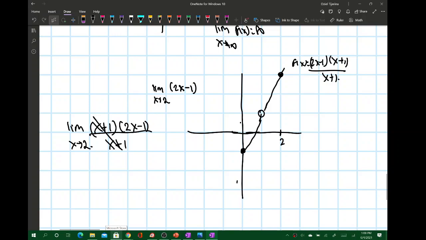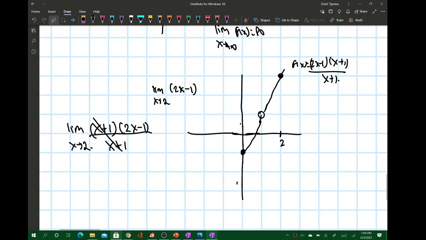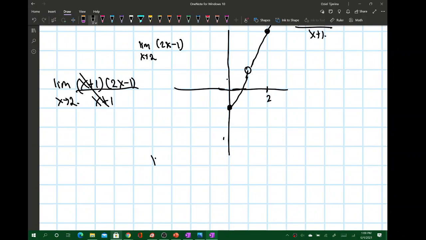And in reality, there is a theorem that says the limit as x approaches c of f of x equals f of c. Yes, that is true.